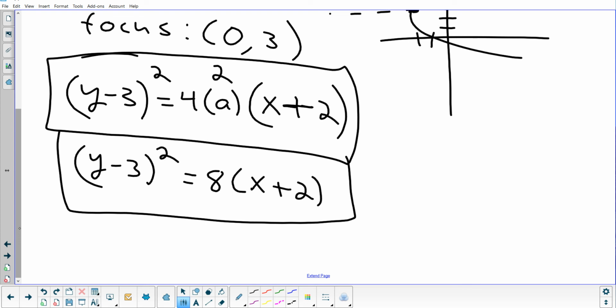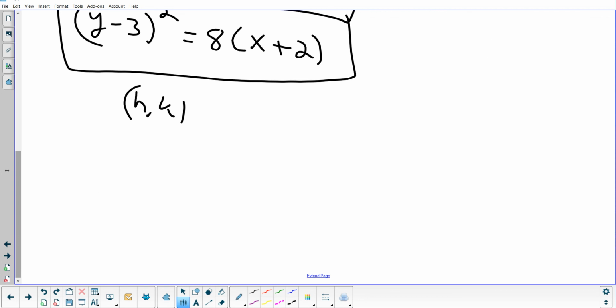You could say, all right, well, I know that the vertex is hk, so let's just make one up. Y plus 3 equals 12, x minus 2.